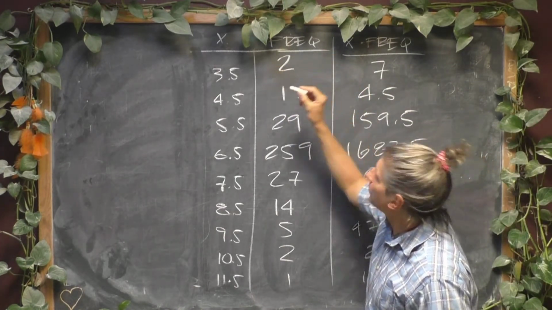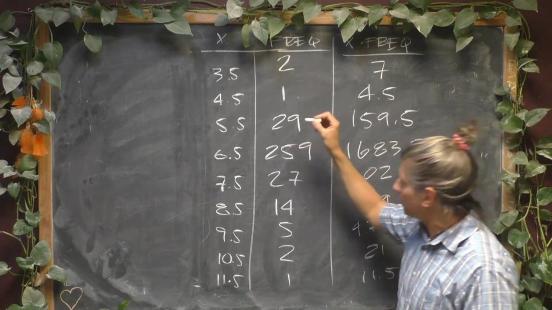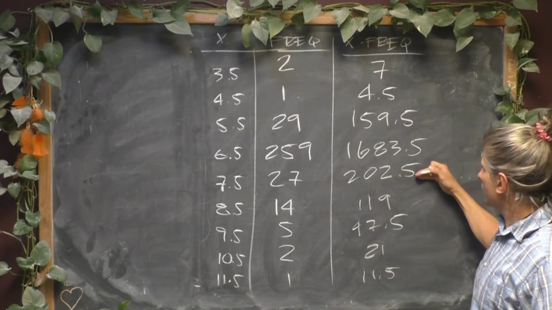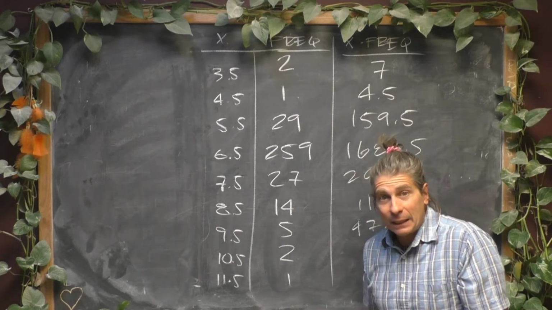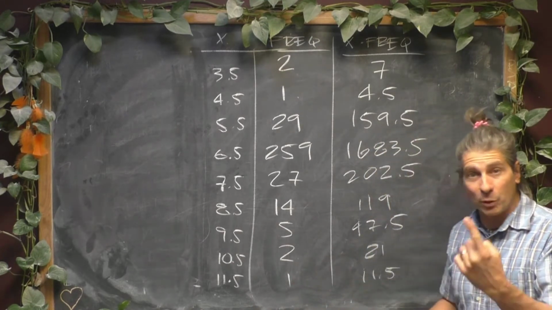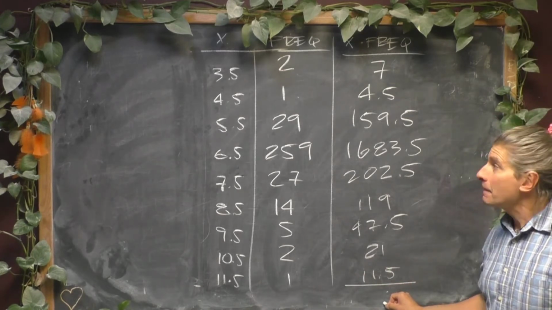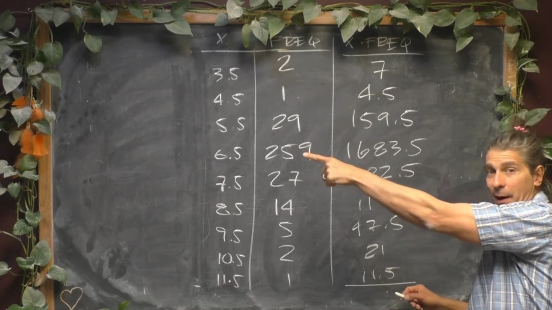So what these numbers represent are what you would have gotten had you done 3.5 plus 3.5 plus 4.5 plus 5.5 plus 5.5 29 times plus 6.5 that many times. You would get each of these numbers. And if we were going to add all these things up individually, we would get a sum total. So what you have to do now is get the sum total of this. Now, I'm out of space on this part of the board, so I should use that spot over there.